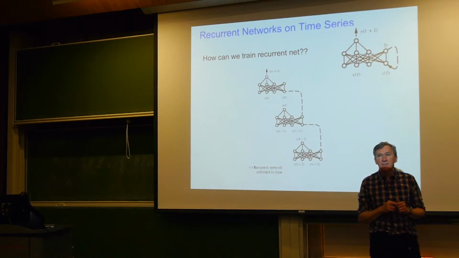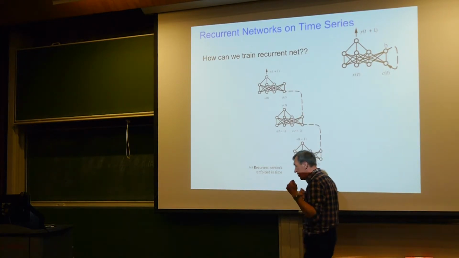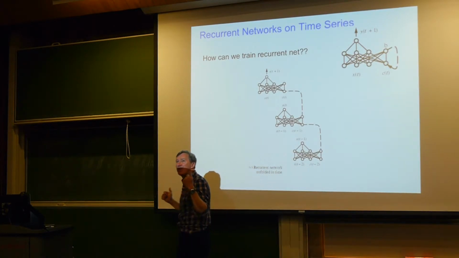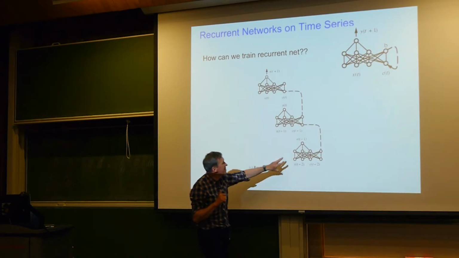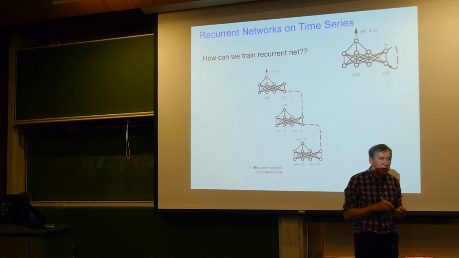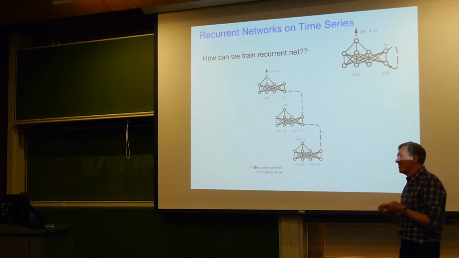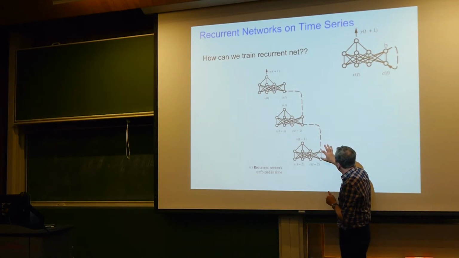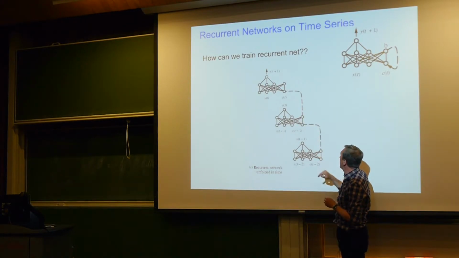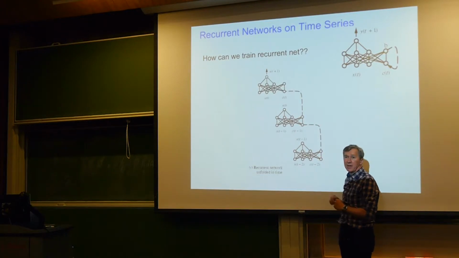So this illustrates two ideas, which are now rampant in the field. One is designing a special purpose structure for the network to fit the problem at hand. The second idea is parameter sharing. Parameter sharing meaning that when I update this unfolded network, in the end, I'm not allowing this to really be a distinct weight from this. I'm instead enforcing the constraint that this weight must equal this one.